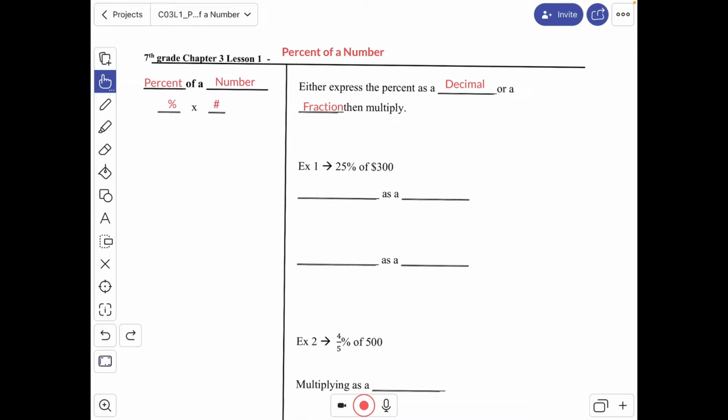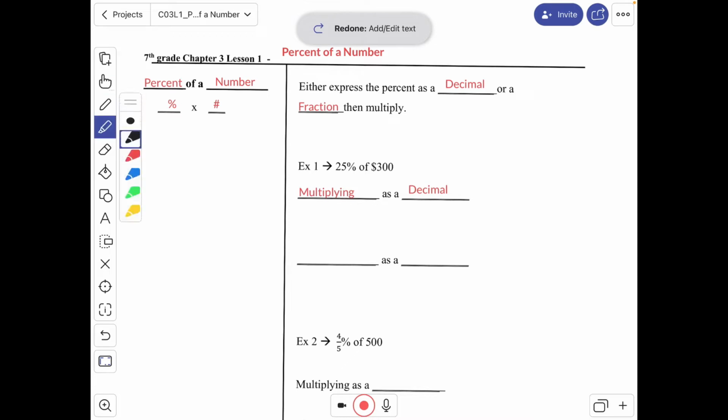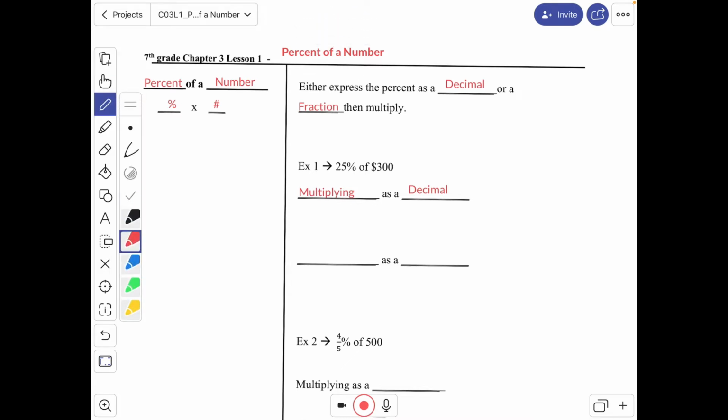So for example 1, we have 25% of 300. First, let's multiply as a decimal. So 25% as a decimal would be 0.25 times 300.